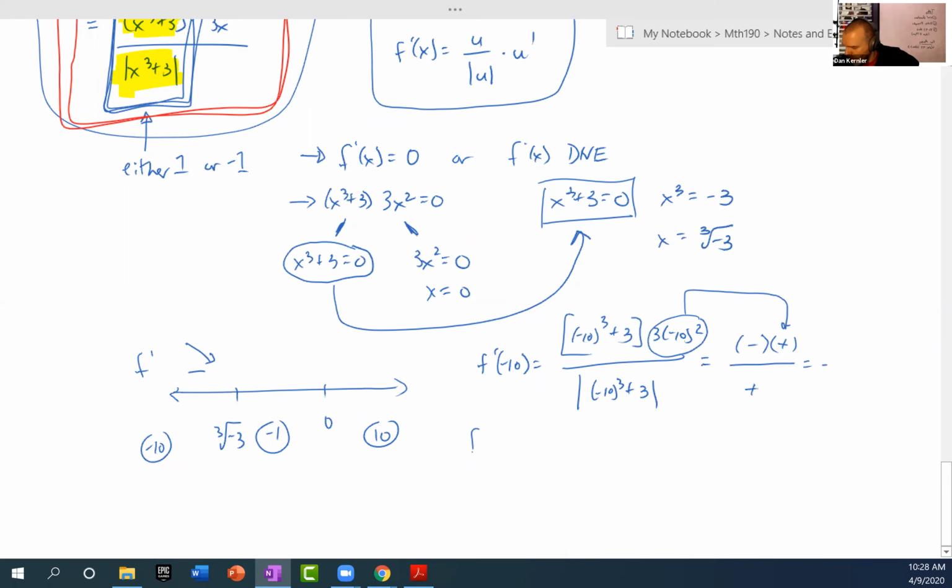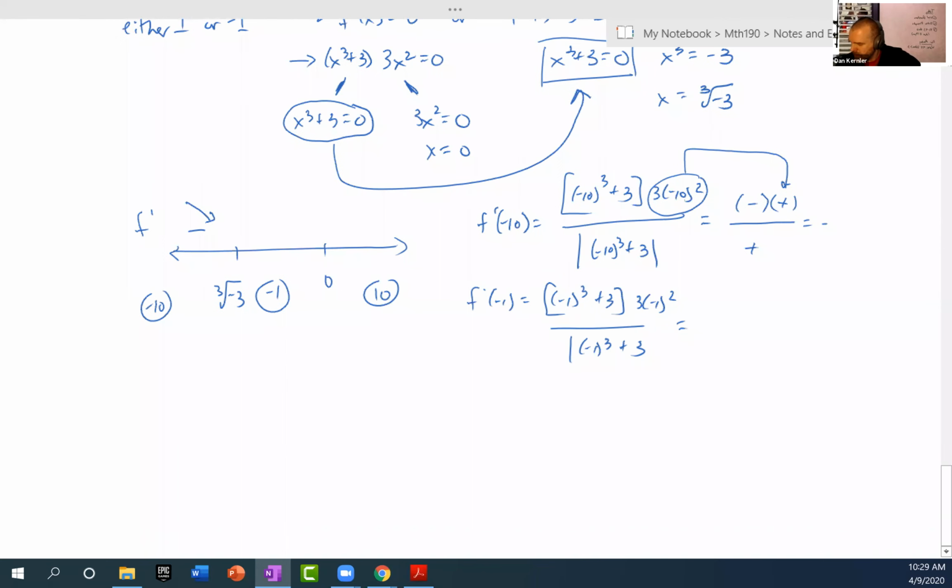Then f prime of -1: -1 cubed plus 3, 3 times -1 squared over absolute value of -1 cubed plus 3. Let's see, -1 cubed is -1 plus 3 is 2. So that's positive. 3 times -1 squared is positive.